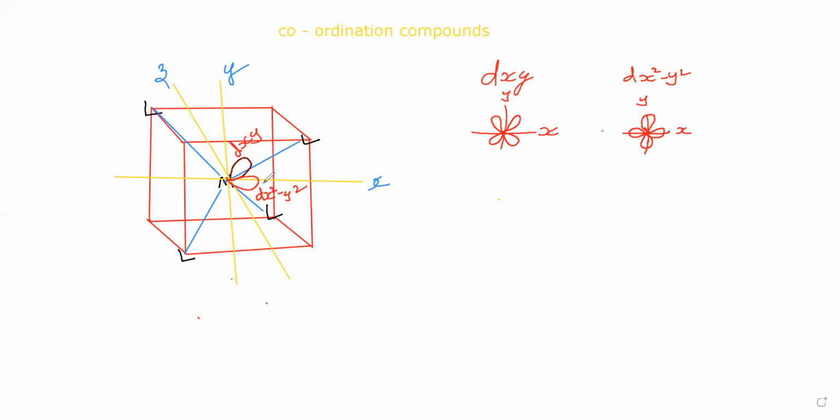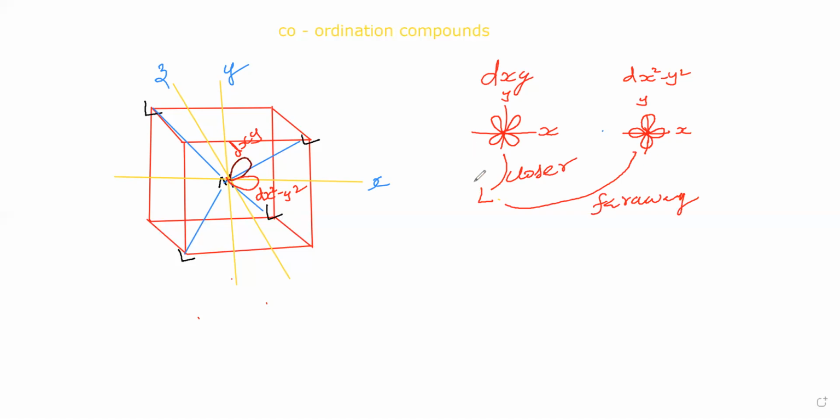In the tetrahedral complex, the ligand is closer to the dxy lobe and somewhat far away from the dx square minus y square lobe.